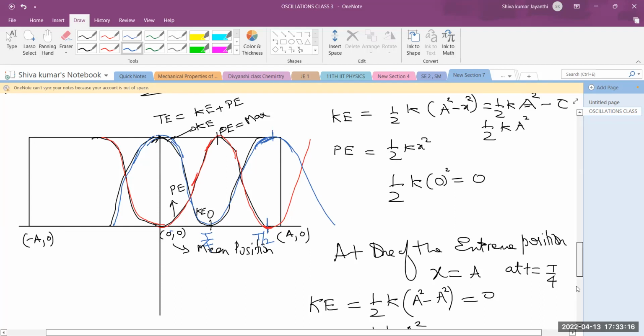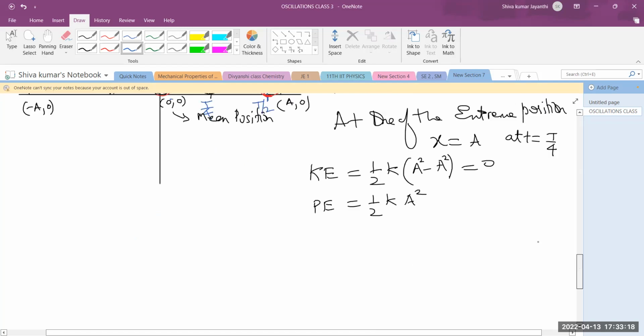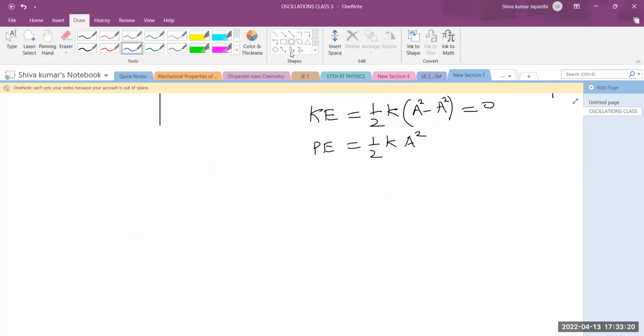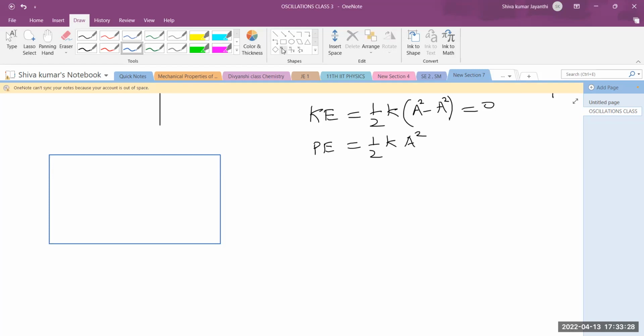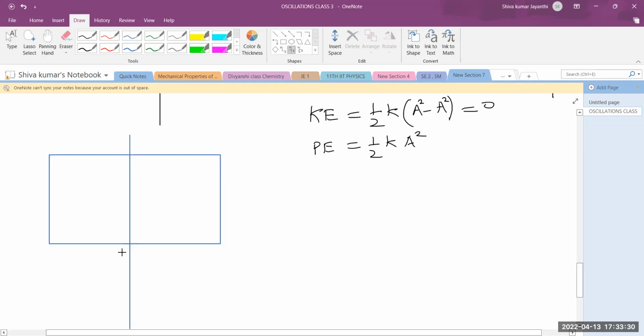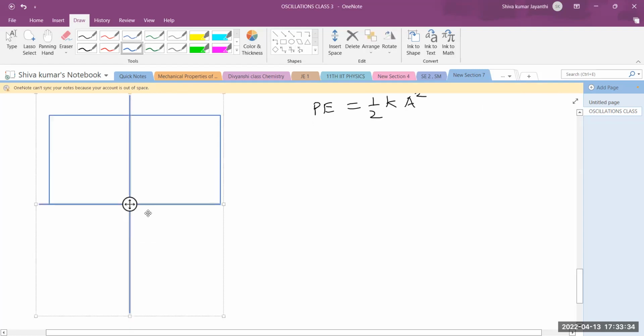This graph can also be re-represented in this way, with a simple graph showing kinetic energy and potential energy in one way only. We're not putting all the time periods, we're just drawing it only once, like a parabola.